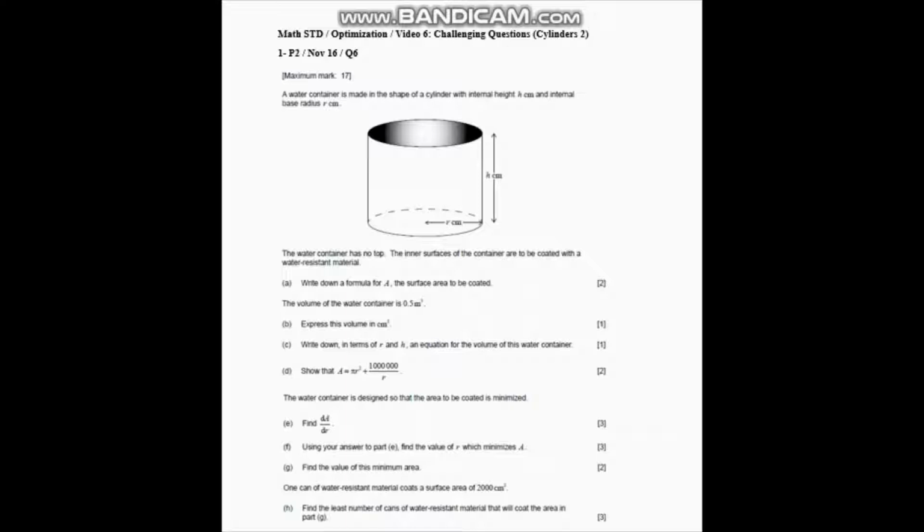Next, I want to find the value of the minimum area.